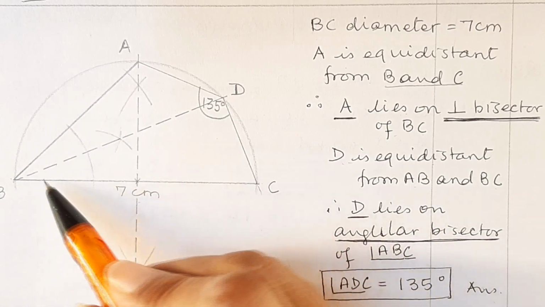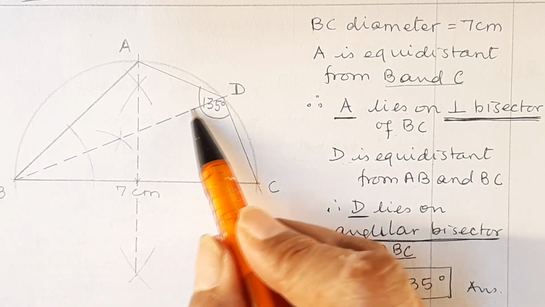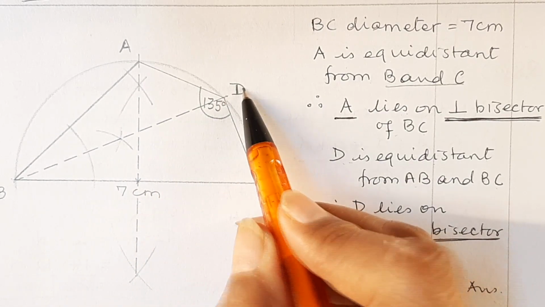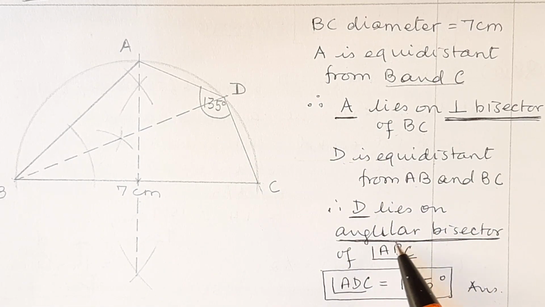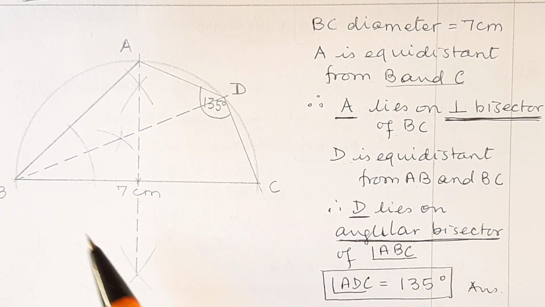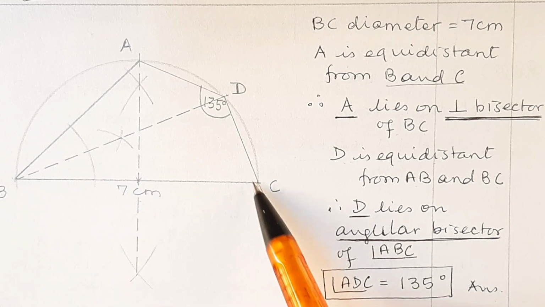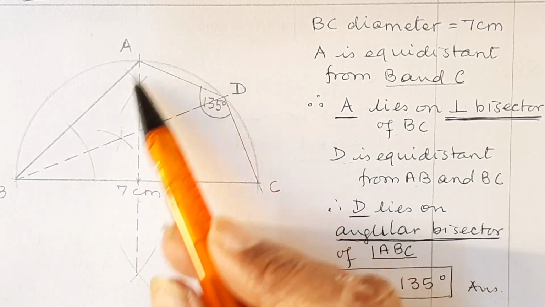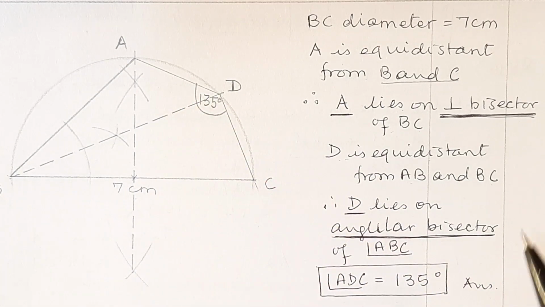Take this point of intersection and produce this till it cuts the semicircle. That will be our point D, because we have to complete the cyclic quadrilateral ABCD. So we'll join CD and DA to give us the cyclic quadrilateral.